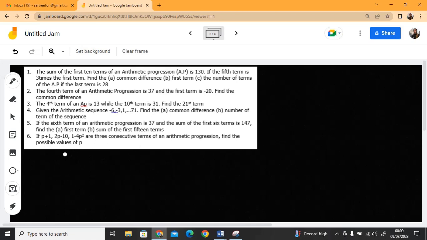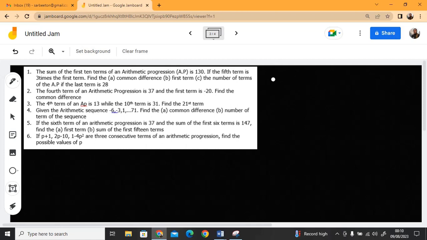Now this one says, if p plus 1, 2p minus 10 and 1 minus 4p squared are 3 consecutive terms of an AP, find the positive values of p. Now what you're going to do is reason how you can make this work. You know that in our arithmetic progression, the second term minus the first term is the same thing as the third term minus the second term.